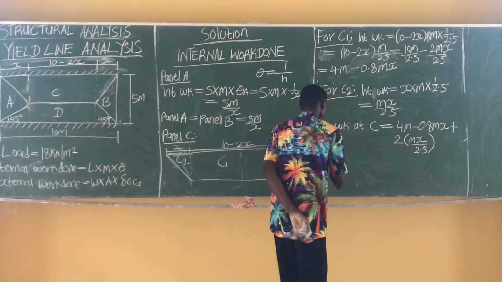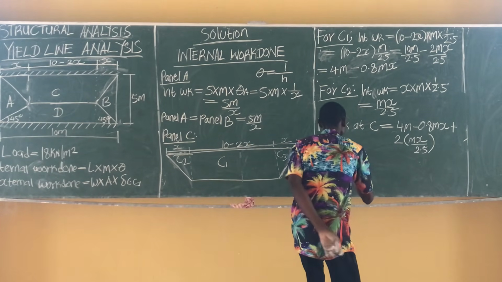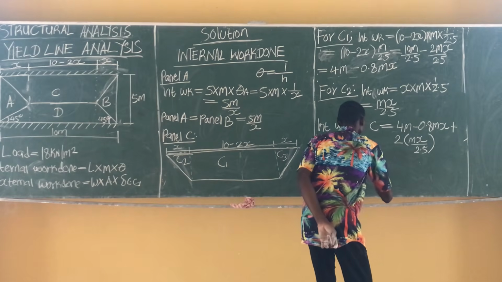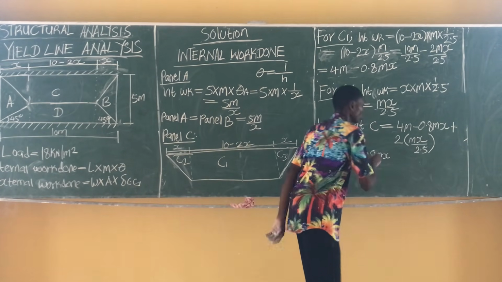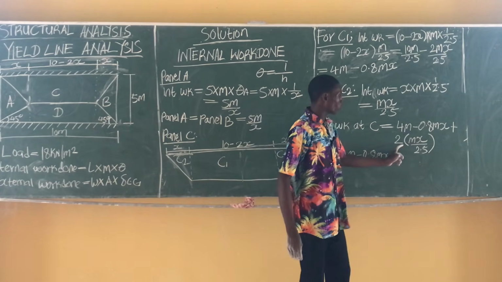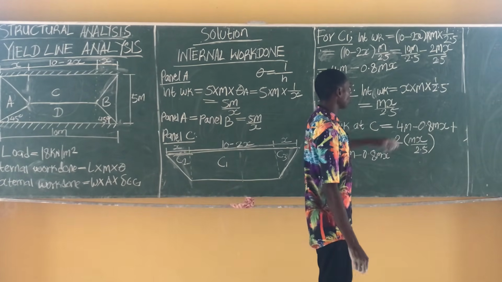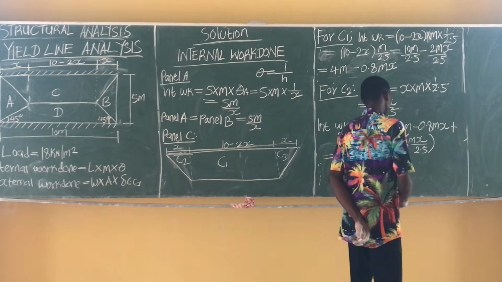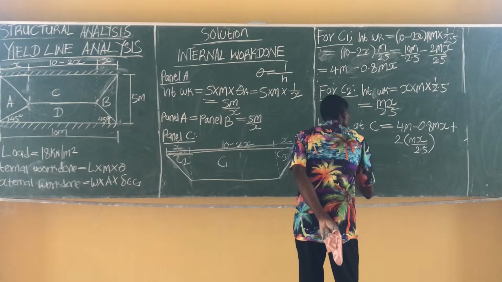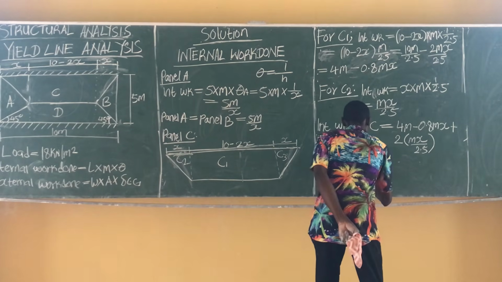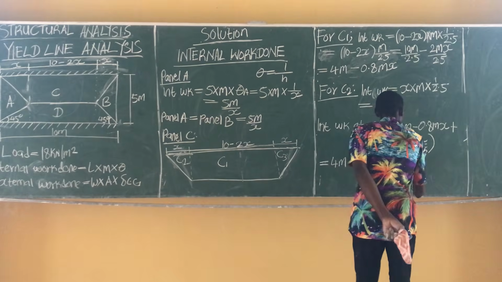So if we take this, it will be 2 all over 2.5 times mx, and 2 all over 2.5 is 0.8. So this is equal to 4m minus 0.8 mx plus what?